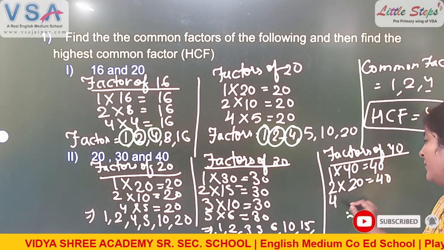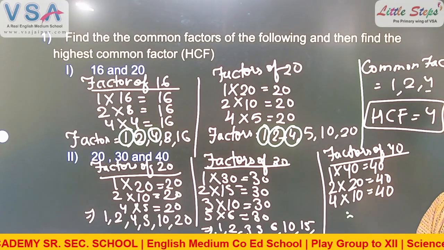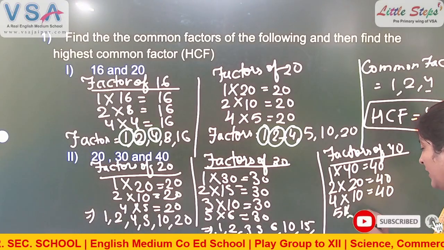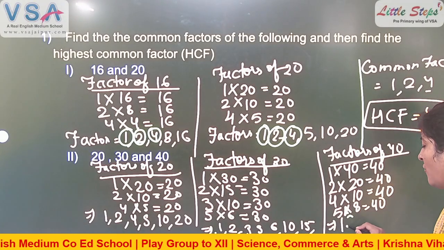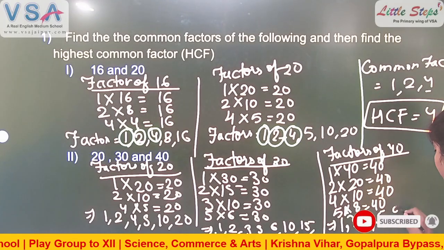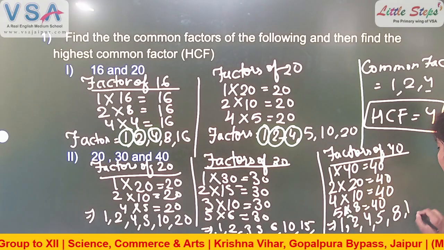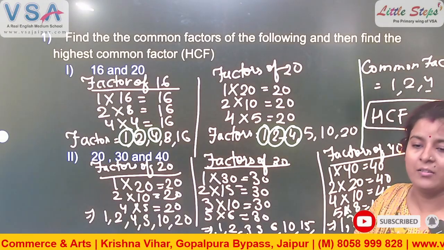Yes, 4 10s equal to 40. Very good. Next. Okay, then the factors are 1, 2, 4, 5, 8, 10, 20, 40. Yes, clap for Faisal.